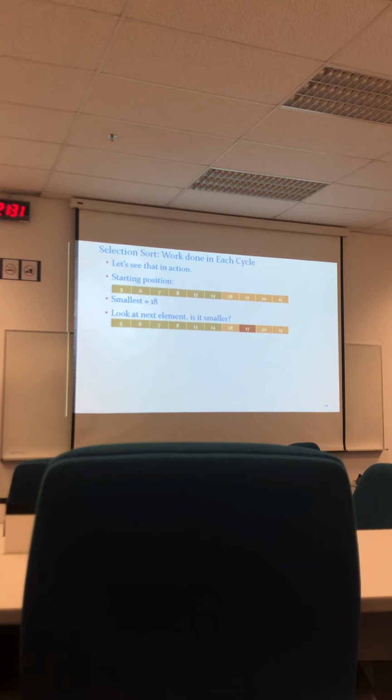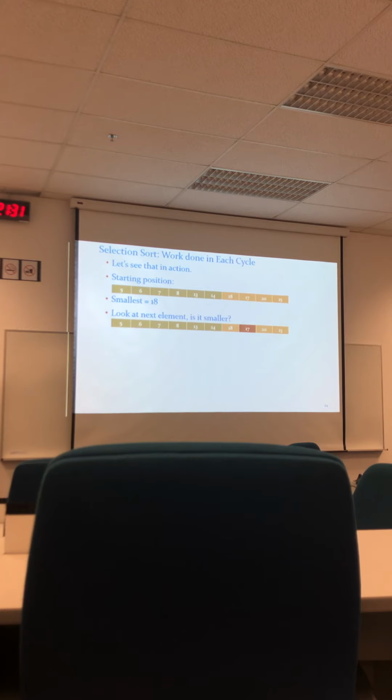Then after that, you will compare the current smallest with the next element. So in this case, the current smallest 18 is larger than the array element, right? So that means you have to update. The smallest is not 18, it's 17. You have to update to 17.